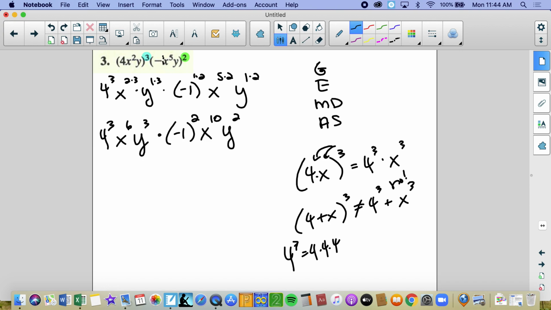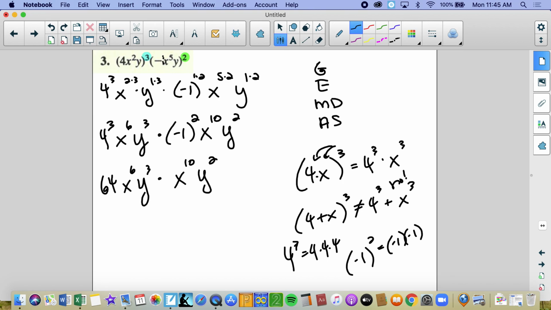Equals 64. Good. So this is 64 x to the sixth, y to the third times negative 1 to the second is positive 1. Remember, that's going to equal negative 1 times negative 1. The negative is included in there. So that equals 1, x to the 10th, y to the second.